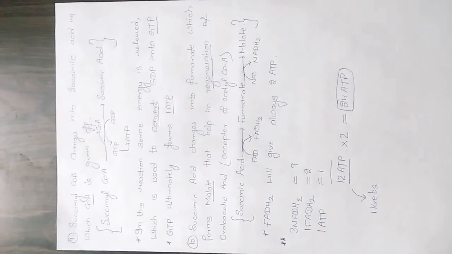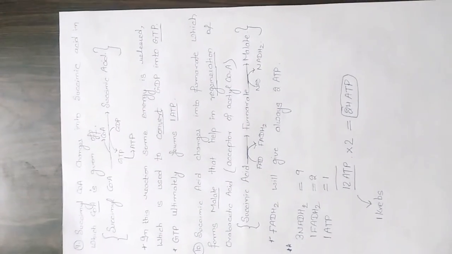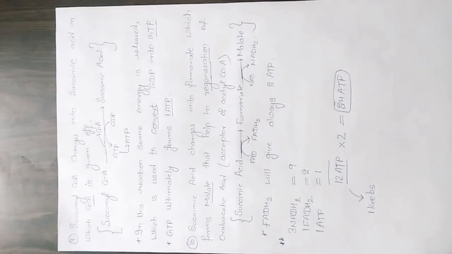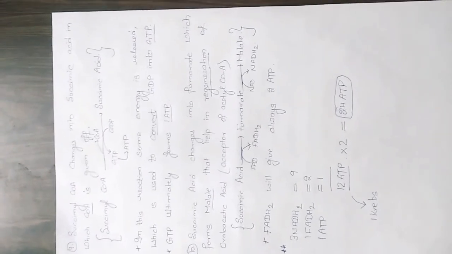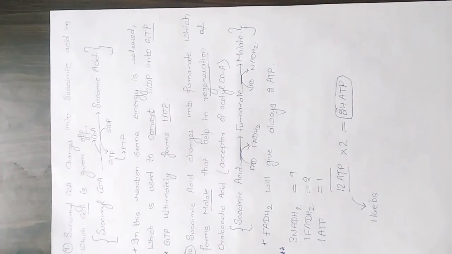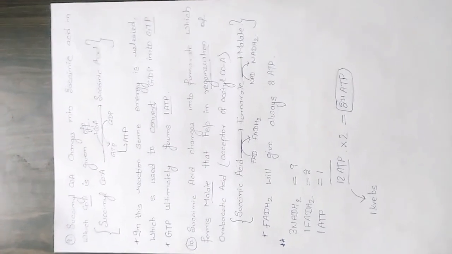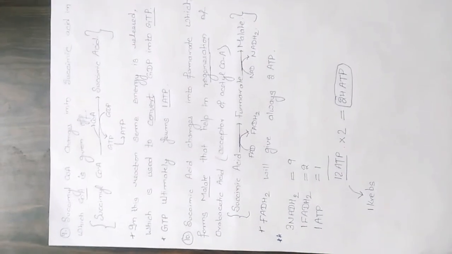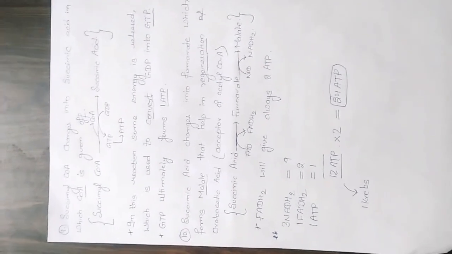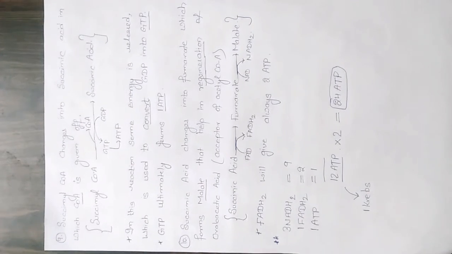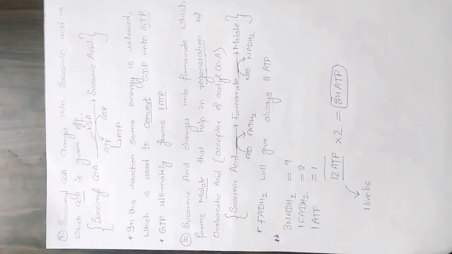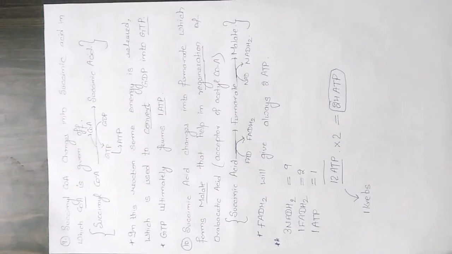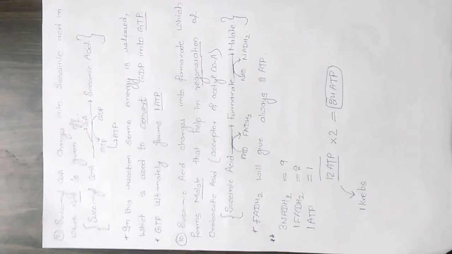Now succinic acid changes into fumarate or fumaric acid. In this reaction, FAD is reduced to FADH2 and this fumarate changes into malate or malic acid, that helps in regeneration of oxaloacetic acid, and it is the acceptor of acetyl coenzyme A, which you have seen in the first step.